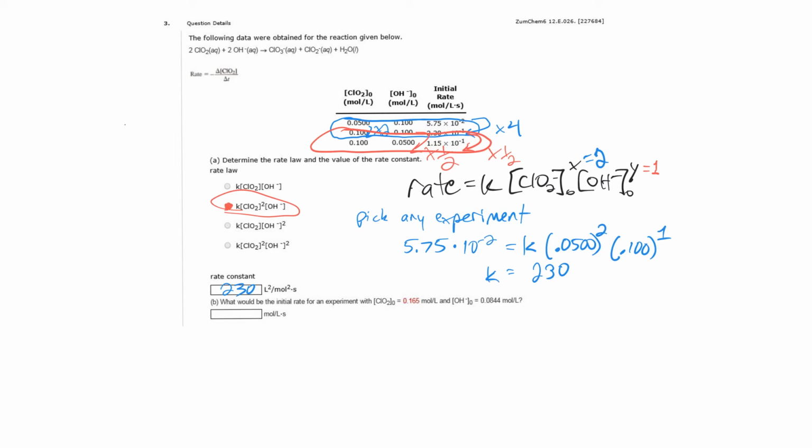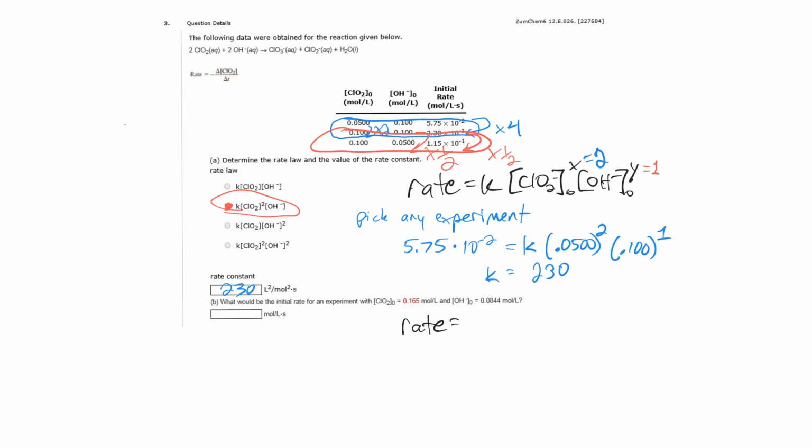Now for part B of the problem. They're going to give us an initial concentration of ClO2 and an initial concentration of OH-. And they're saying what's the initial rate? Well, now that we know that the value of K is 230, we can write a more complete rate law.